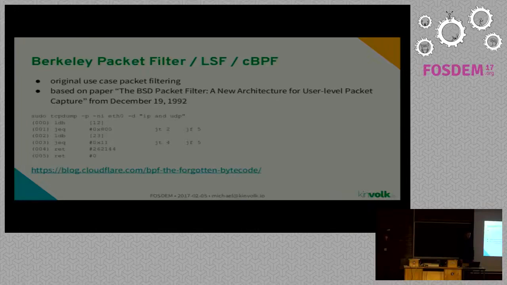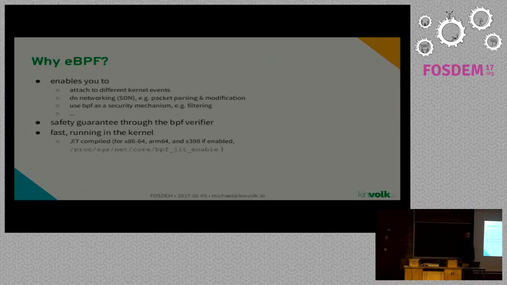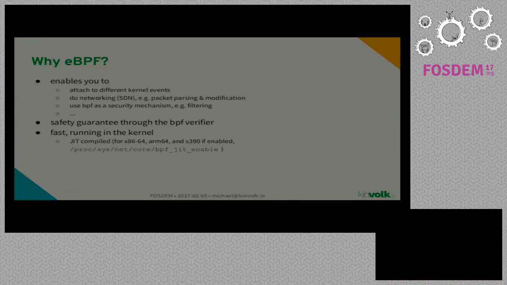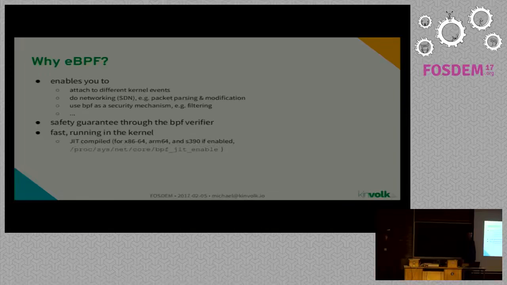And today it's called enhanced BPF because it has grown a lot more functionality over the usual packet filtering use case. You can attach to kernel events. You can modify network packets, or drop them, or route them. You can use it to do syscall filtering and a lot more stuff.